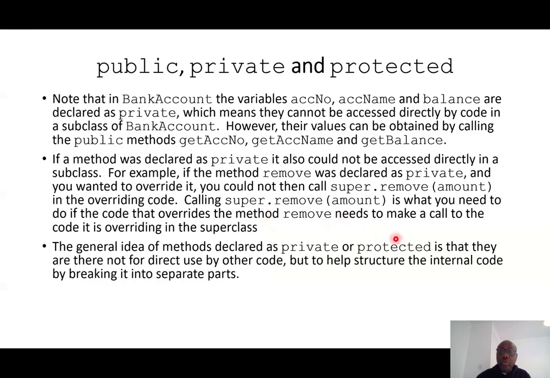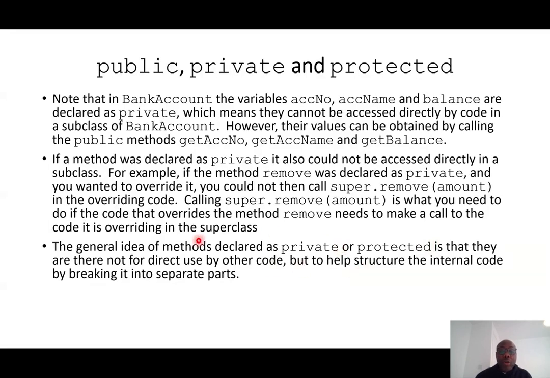Calling super.remove amount is what you need to do if the code that overrides the method remove needs to make a call, because this means within that method, that class, and then the code will override the ones that are in the superclass.